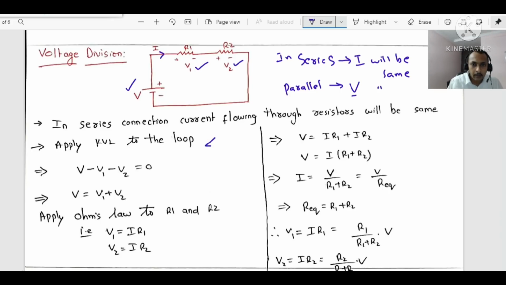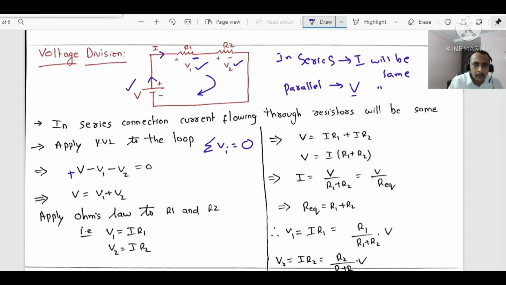The rule is: the algebraic sum of the voltages in a loop will be equal to 0, and we will follow the current leaving terminal polarity for the voltage sign. Now let me start from the voltage source. Consider a current I flowing like this. In this voltage source, current is leaving here, so plus V. Now current came up to here.